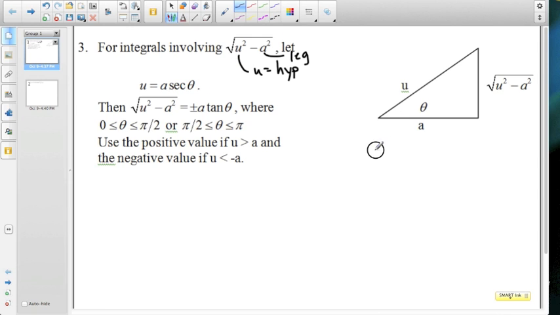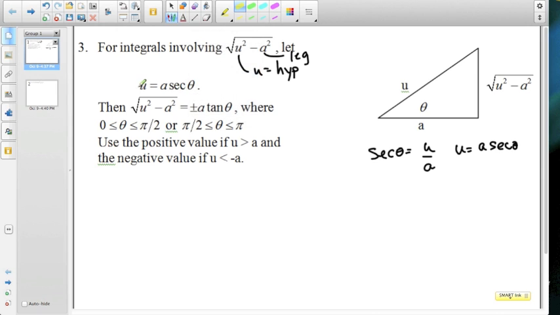If we set up the secant theta here, setting up cosine would be adjacent over hypotenuse. It would put this in the denominator, but secant is hypotenuse over adjacent, so it makes for an easier expression. You'd get the same expression if you set up cosine, but you get it a little quicker if you set up secant directly.